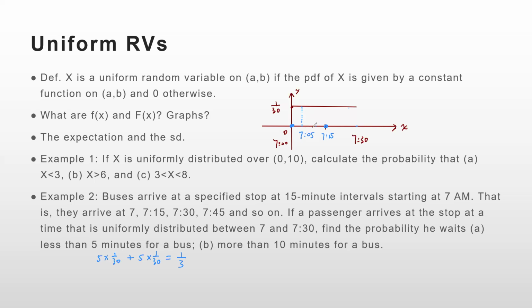If it's after, then the waiting time will be less than or equal to 10 minutes. So the person has to arrive before 7:05, and before 7:20. Okay, so the person will have to wait more than 10 minutes. And the area again is 5 times 1/30 plus 5 times 1/30, which is again 1/3.